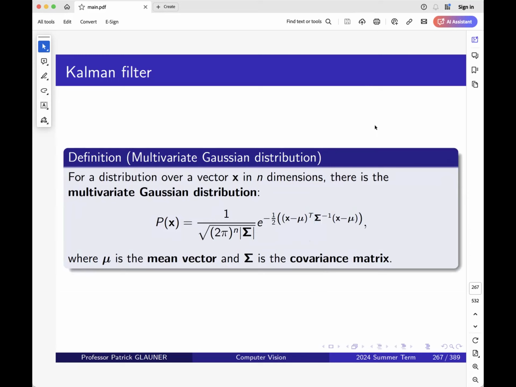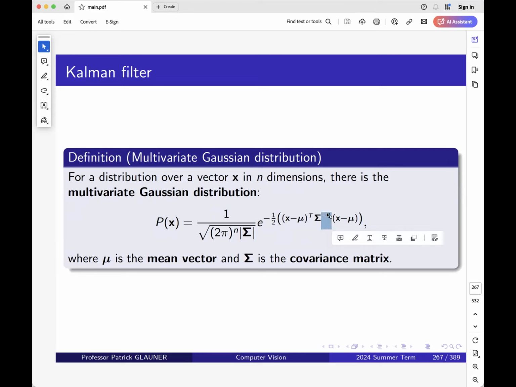This covariance matrix describes in its entries how two variables relate to each other. It's not really a correlation measure, but it's simply how two variables relate to each other. In the diagonal, you could have how one variable relates to itself, which would then be the equivalent of the variance in the single dimension.